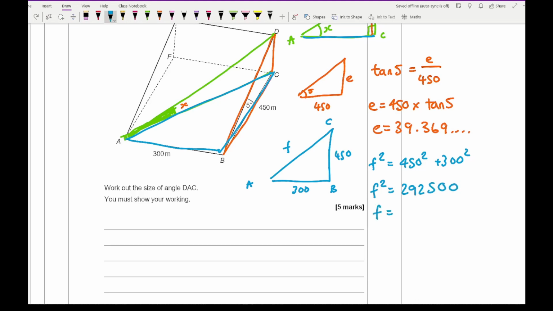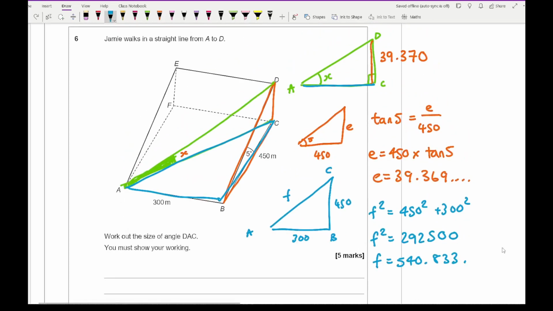And so F equals the square root of that answer, which is 540.833. So going back to the original triangle, I can label this as 540.83, rounding to 3 decimal places, just like we did.